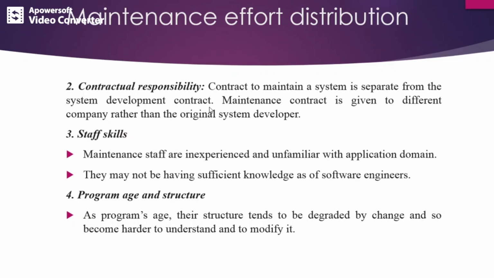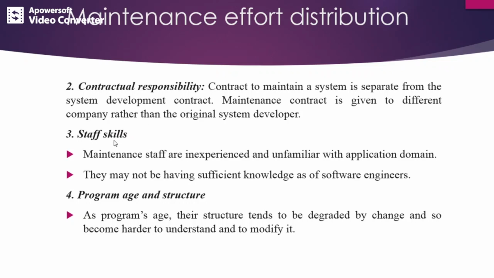The system development contract is between the customer and the developer, but the contract to maintain a system is entirely different. This maintenance contract might be given to a different company rather than your original system developer. There are chances. So it happens. Keep in mind that the contract to maintain the system is separate from the system development contract.